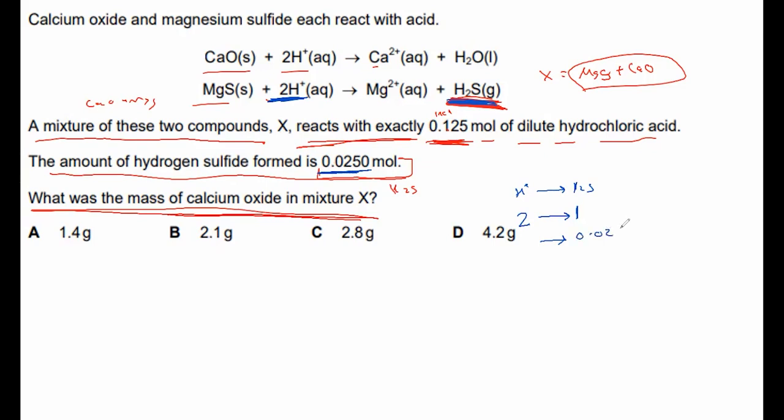This is the amount of H2S that is made. So what is the amount of acid required to produce that much H2S? It is X, unknown. Cross multiplication. 2 times 0.025 equals X times 1. X will be 0.05.